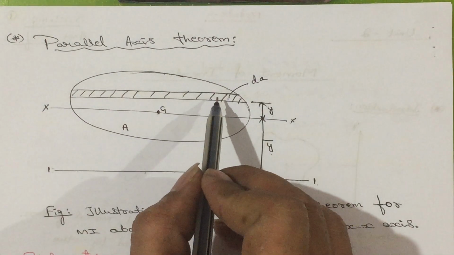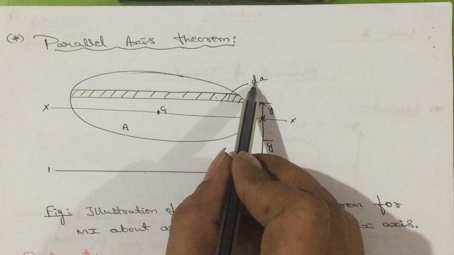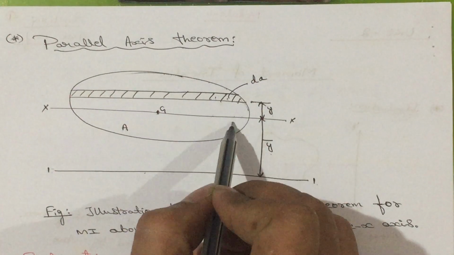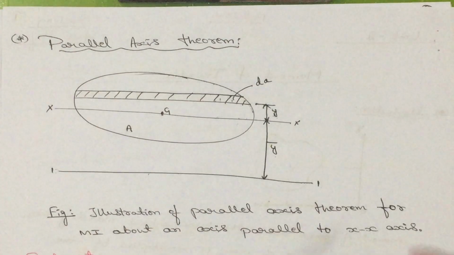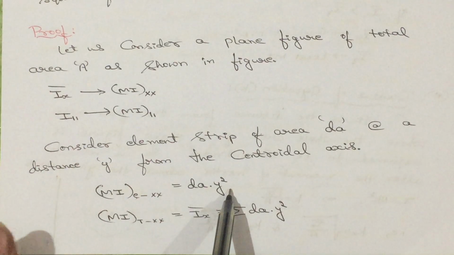So we are calculating the moment of inertia of this area about the xx axis. The area is how much? dA. The distance between this strip and the xx axis is how much? y. So it will become dA into y square.